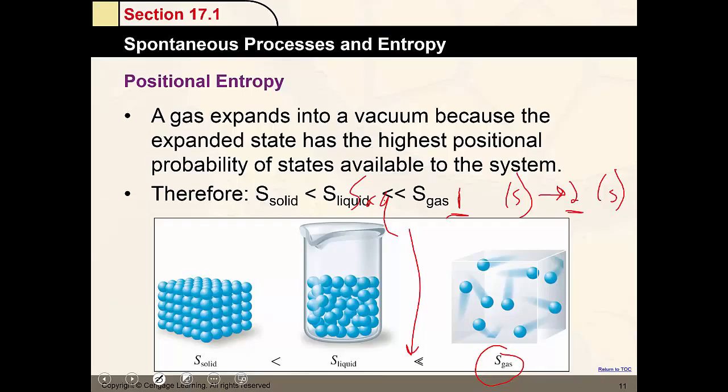In this case, entropy would increase simply because you have more molecules. And then let's say in a different reaction, you had 3 molecules of gas on this side and 3 on this side. So if the states are the same and the number of molecules are the same, that means entropy would also remain the same.